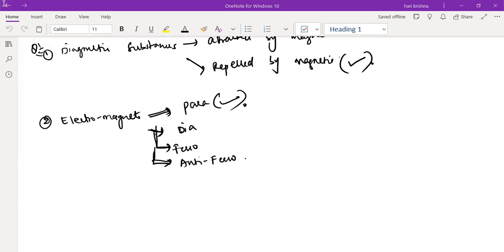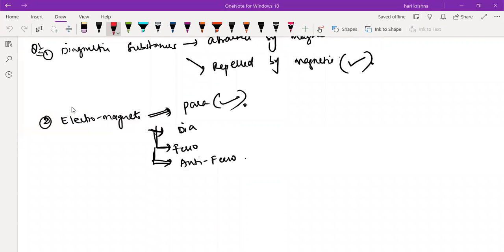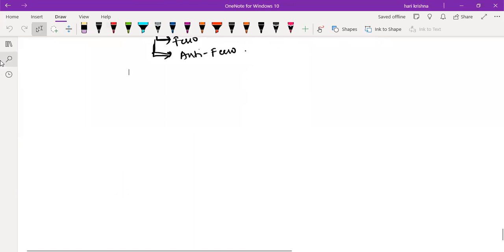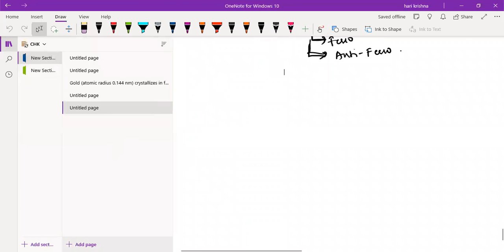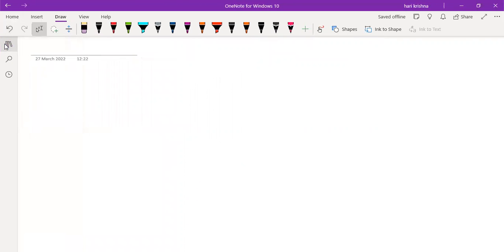There is some network issue. But what is the contribution of each atom from the corners? You remembered or not? So we'll just revise quickly what we have done in this chapter completely.